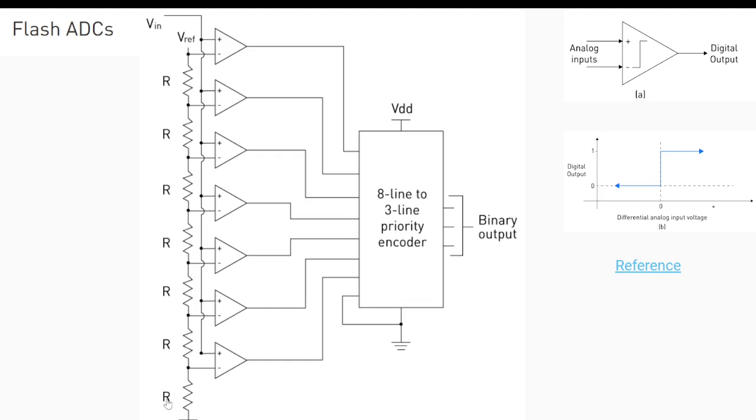That's how the resolution works, because the resolution is Vref divided by 2 to the power n. So how many n's do we have? 1, 2, 3, 4, 5, 6, 7, and the eighth one is basically Vin or Vref. So it's an 8-line to 3-line priority encoder, and that's what you see at the output as a 3-bit output, which we already discussed. It's a 3-bit ADC.